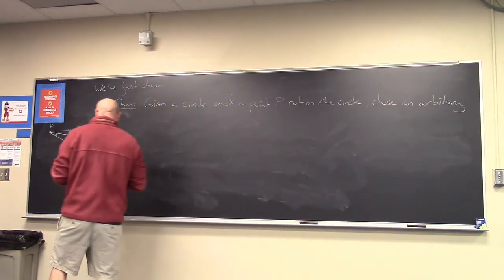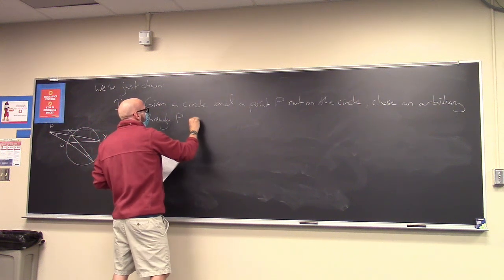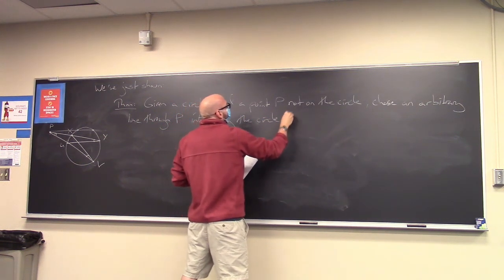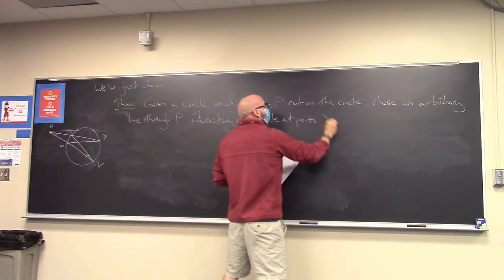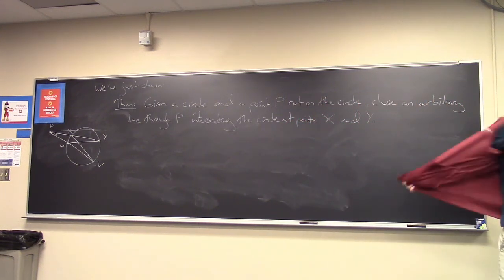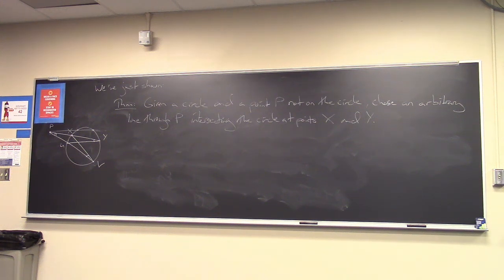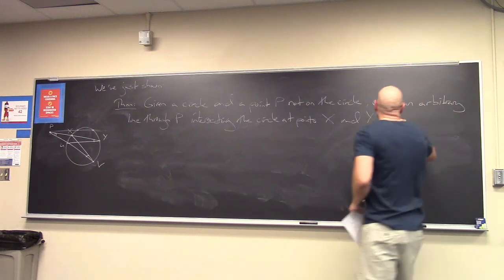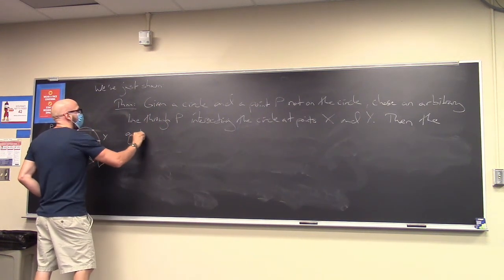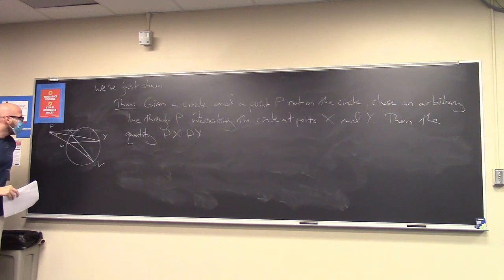Choose an arbitrary line through P, intersecting the circle at points X and Y, then the quantity, so this product PX times PY, doesn't depend on the line, right?